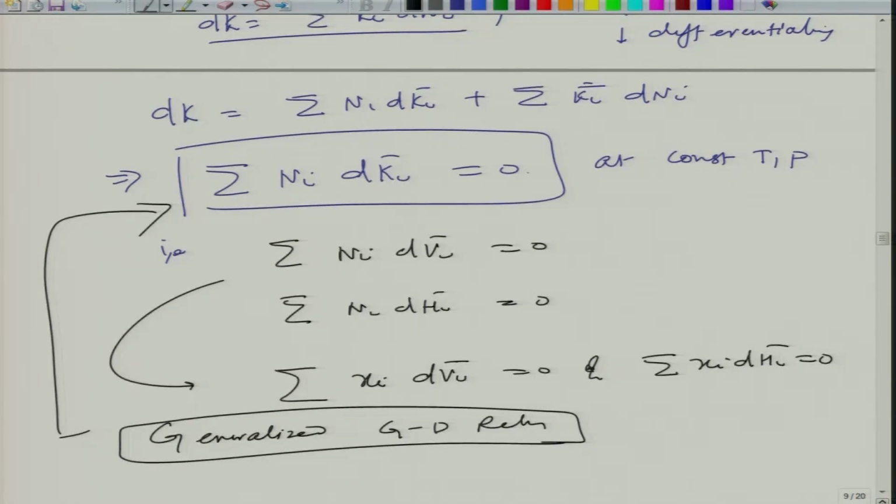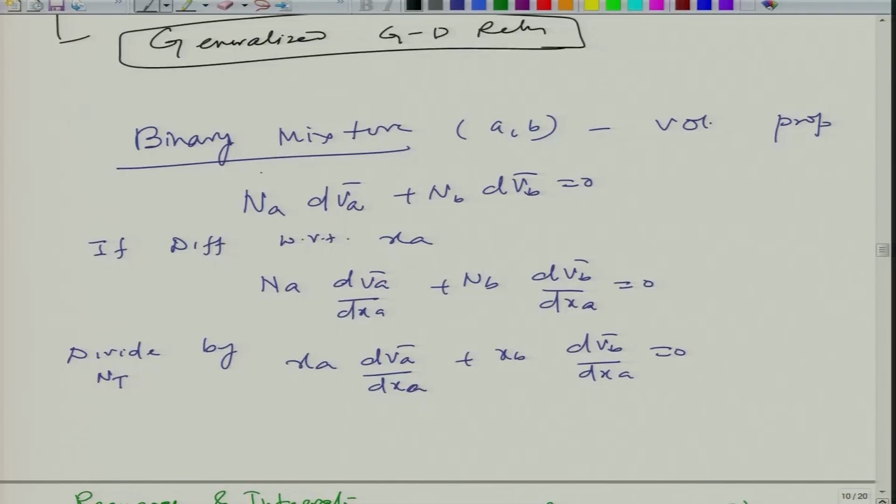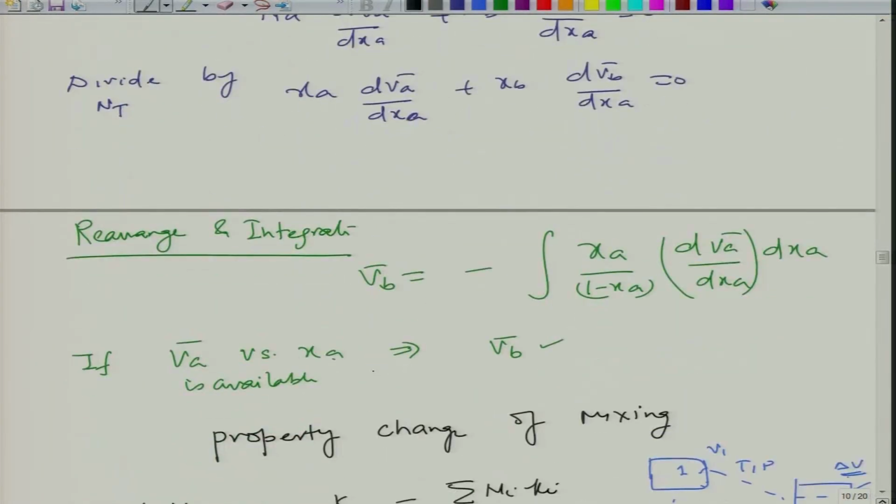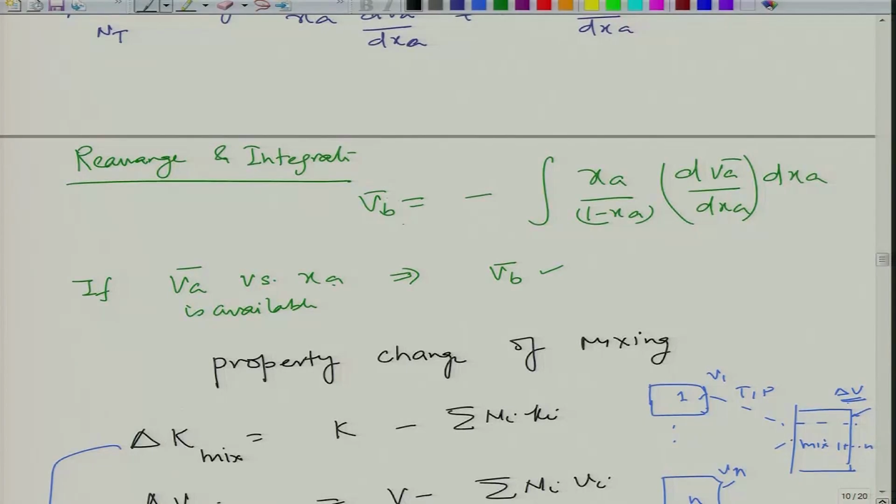That is the Gibbs-Duhem relation at constant temperature and pressure, and we can use it for relating variables, as we have done for binary mixtures, to those which we know. In other words, we can relate the partial molar volume for component B to the derivative of the partial molar volume for component A as an integral with respect to dxA. If you have this information, then we will be able to obtain V B bar.